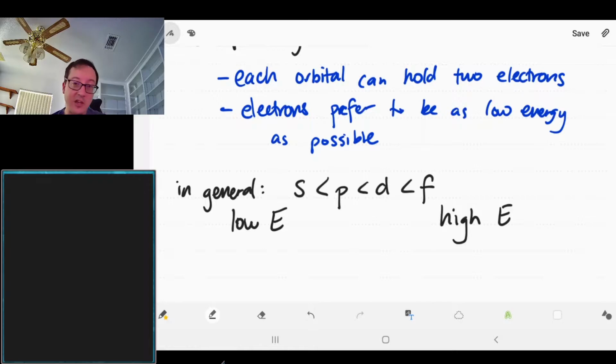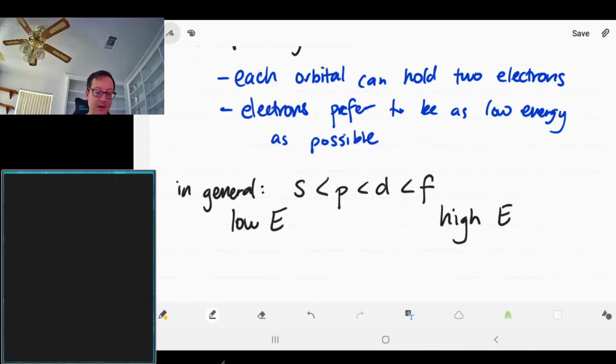So, in general, if we were to compare some orbitals, an s orbital has lower energy than the other 3 types. A d orbital has less energy than f, but more energy than p or s. So, this is a pattern we have.